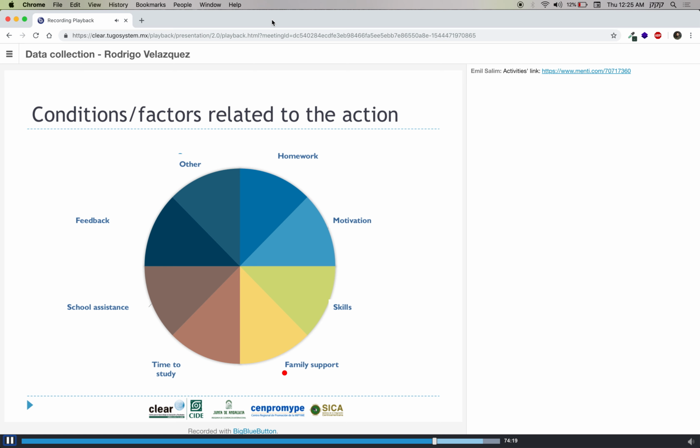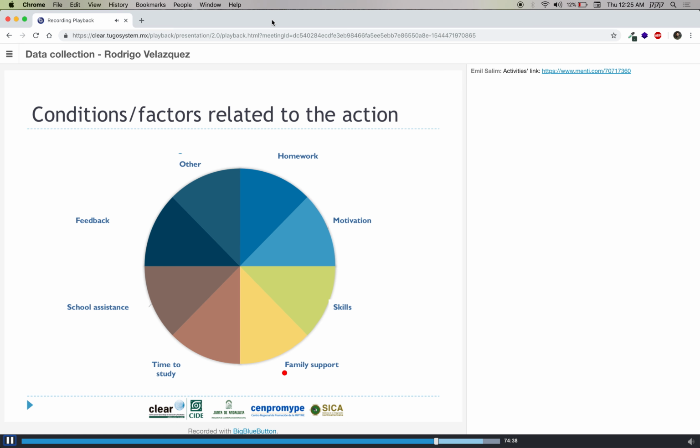So we as decision makers have to analyze if these conditions exist and if we have evidence that they exist. And if they exist, of course, we have to collect data and we have to present or submit this evidence.